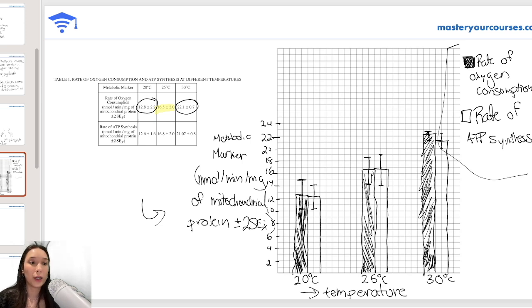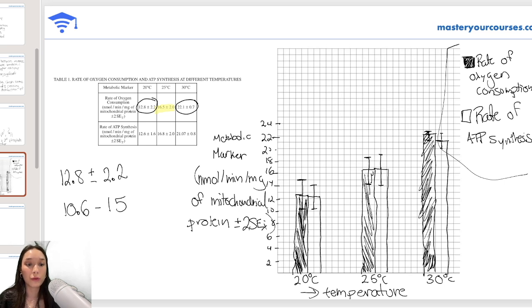So for this one, you have 12.8 plus or minus 2.2. That means that this can range anywhere from, let's see, 12.8 minus 2.2 would be 10.6, and then that would take us to 15.